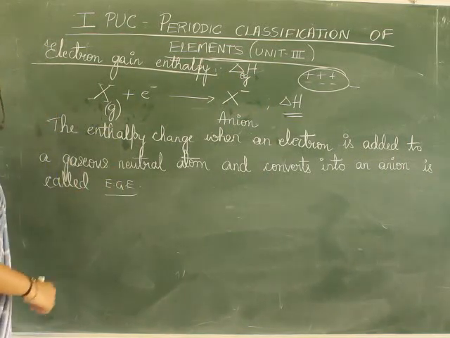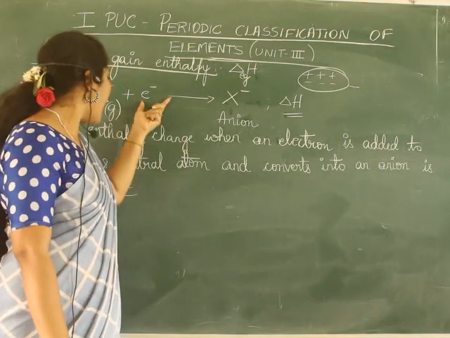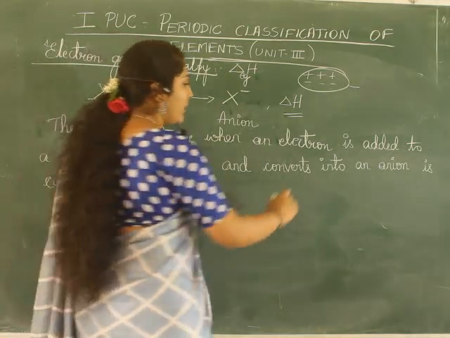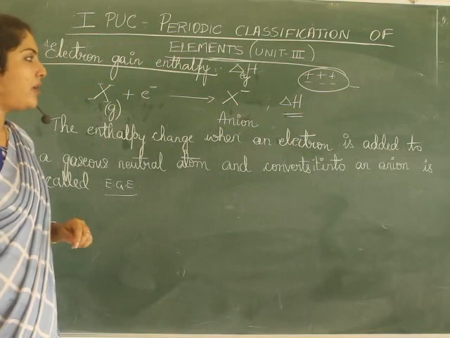Write it in full form. The enthalpy change when an electron is added to a gaseous neutral atom and converts it into an anion. It means it converts the atom into an anion.